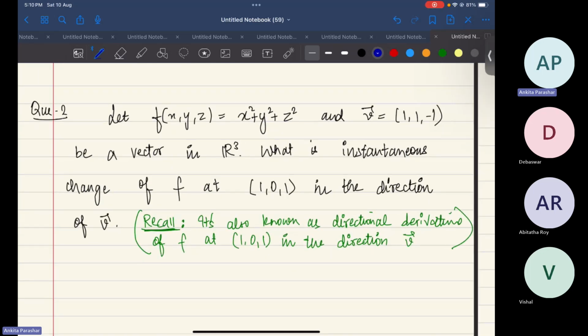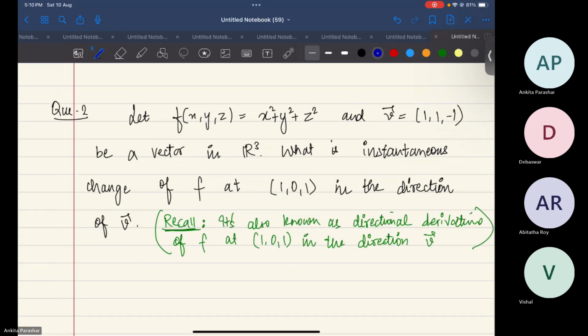The second question: suppose we are given a function from R3 to R defined by x square plus y square plus z square, and you have a vector in R3. What we want to see is the instantaneous change of the function at the point in the direction v.